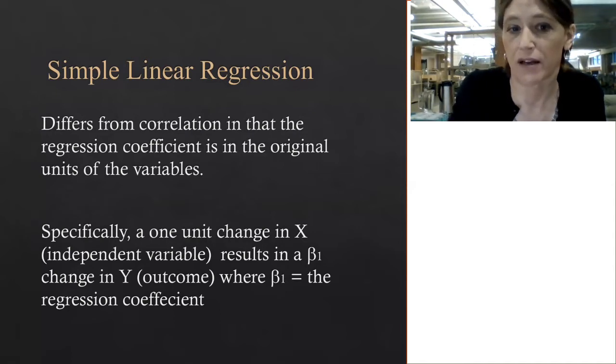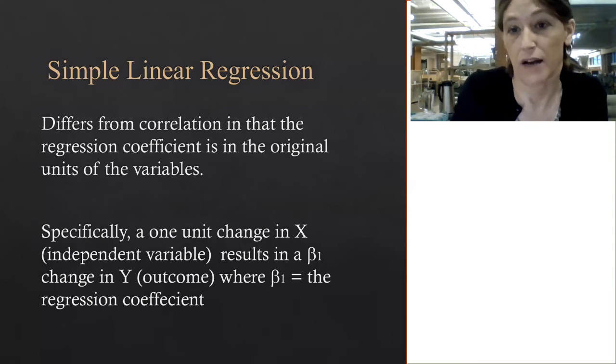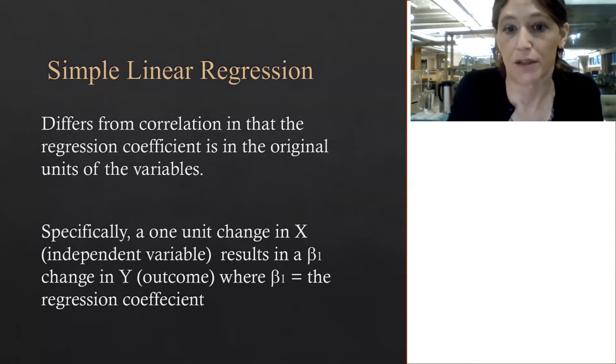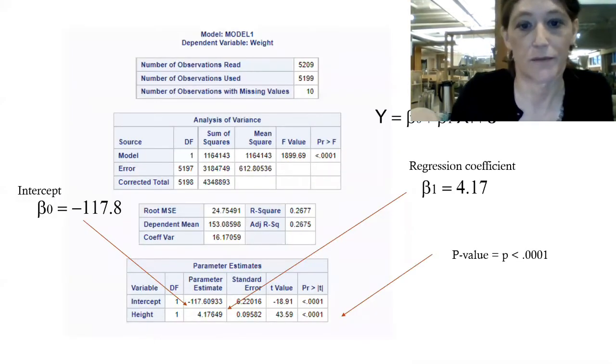Specifically, a 1 unit change in our X variable, or our independent variable, results in some change in our outcome, and that will be expressed based on the regression coefficient. The regression coefficient from a regression model says how much our Y variable changes as X goes up by 1 unit, and we'll see that here in a moment.